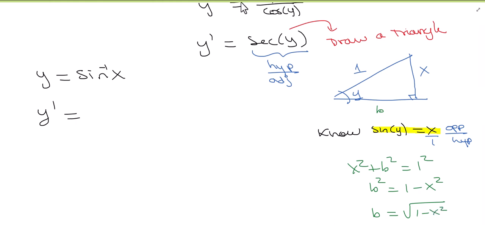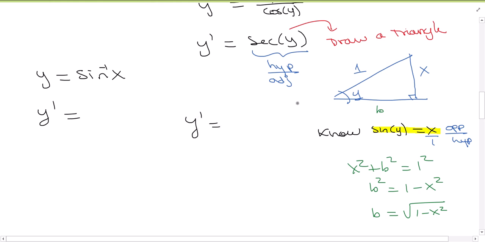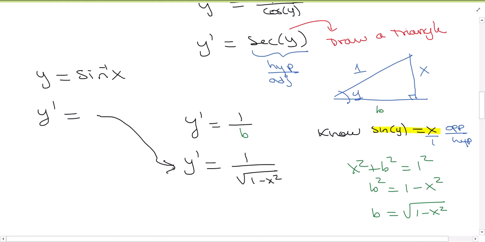And so now going back to my derivative, y prime is hypotenuse over adjacent. So 1 over the b, but we just found the b. So I can say y prime is 1 over the square root of 1 minus x squared. And therefore, that's what my y prime is.